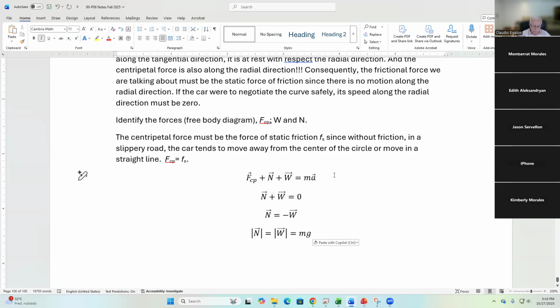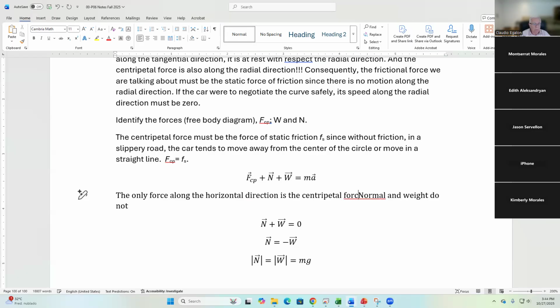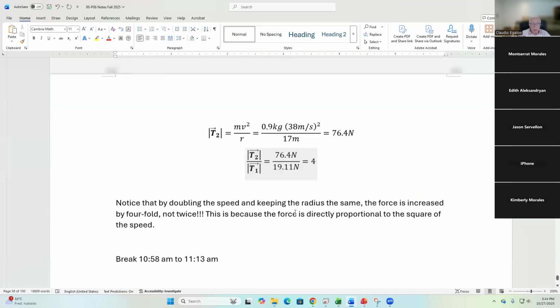Let's write that down. Normal and weight do not... Let's do it in a better way. The only force along the horizontal direction is the centripetal force, right?